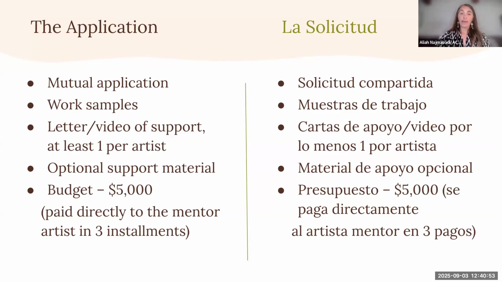This goes to pay the mentor artist to teach the apprentice. This program works in such a way that ACTA is making a contract to pay the mentor artist for this cultural transmission to continue, and the artist is paid in 3 installments through the contract.